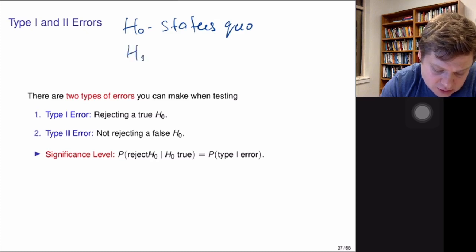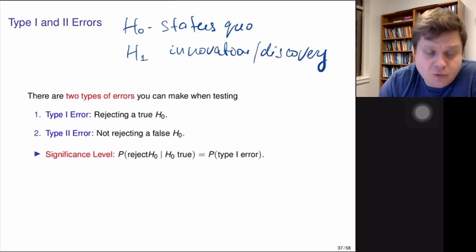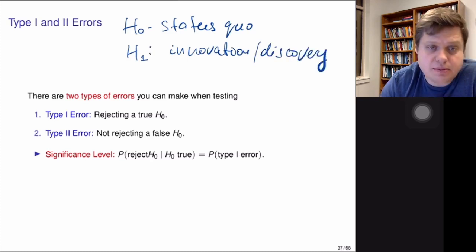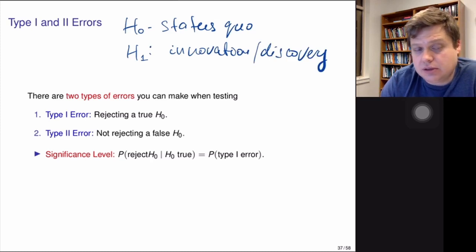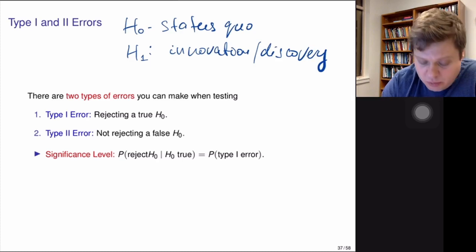And H1, we can call it innovation or discovery. If we reject the null hypothesis and accept the alternative hypothesis H1, another way to say it is that we made a discovery.